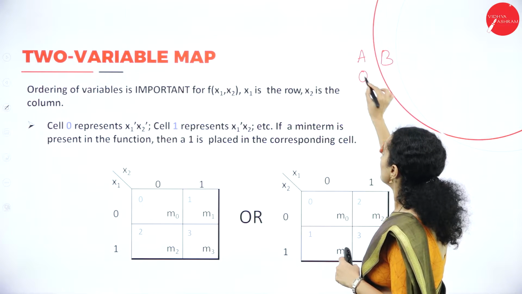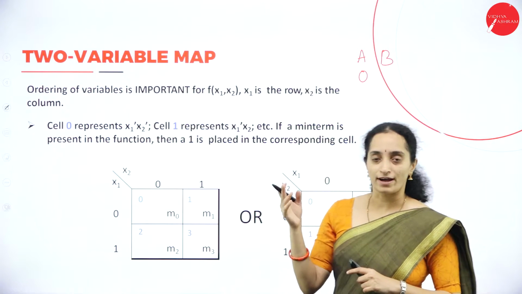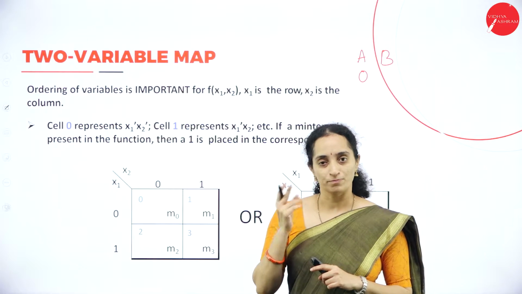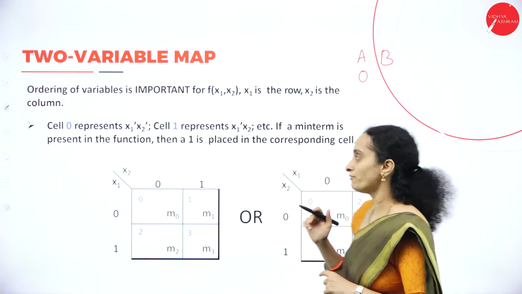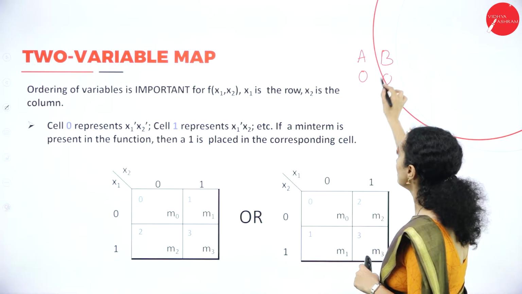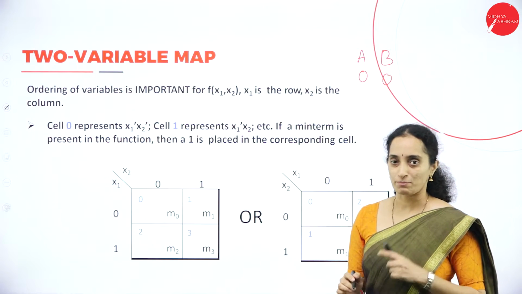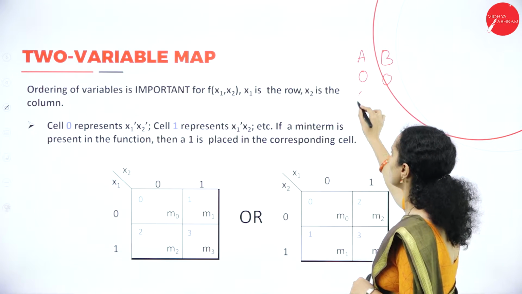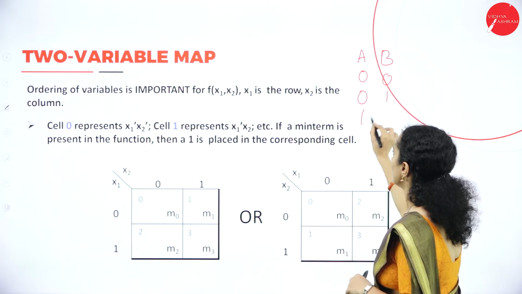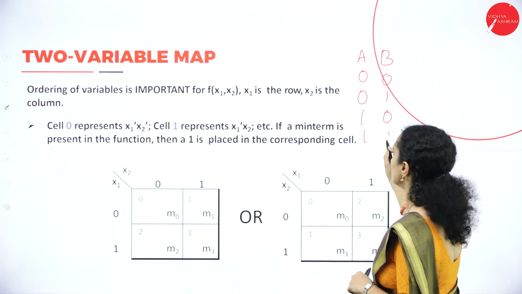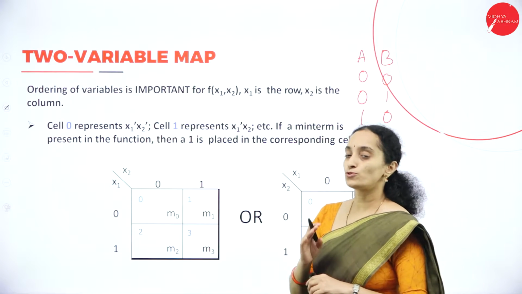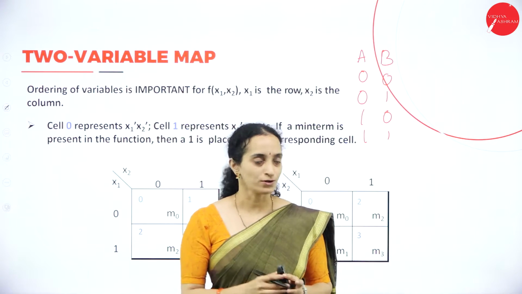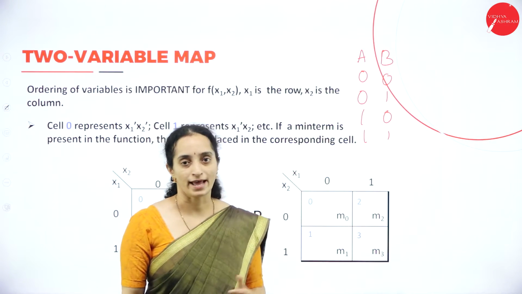Then you can have combinations of 0 and 1 like this, which is already familiar to you: 0 0, 0 1, 1 0 and 1 1. That is 2 to the power of 2, 4 combinations you can have.